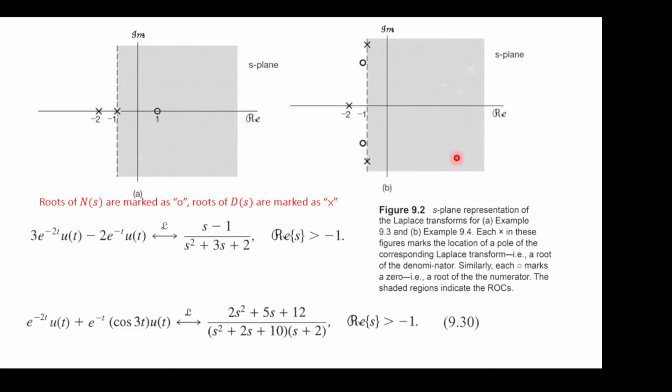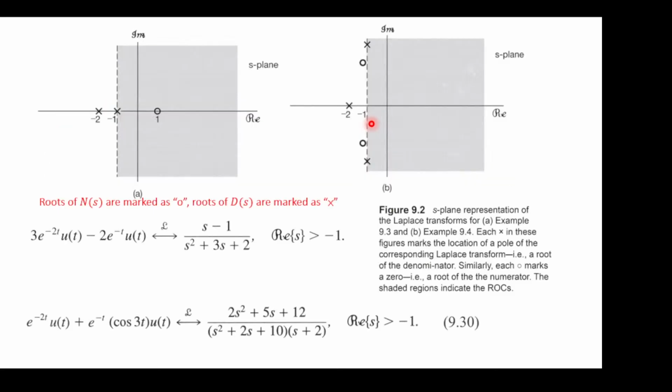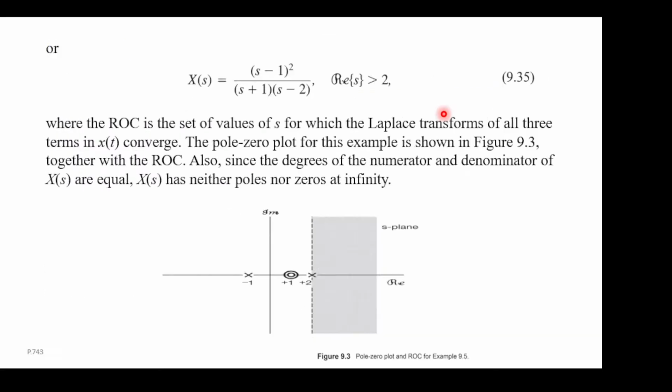And I guess if you draw with an actual pen, then you can do such lines, etc. But yeah, so those are the pole-zero plots with ROC. And also we think about infinity, which can be a zero, or infinity can also be a pole. So it depends on whether X of infinity is infinity or zero. Okay.